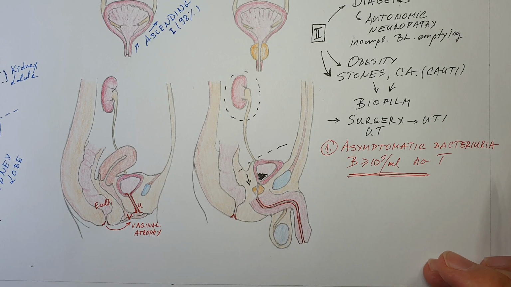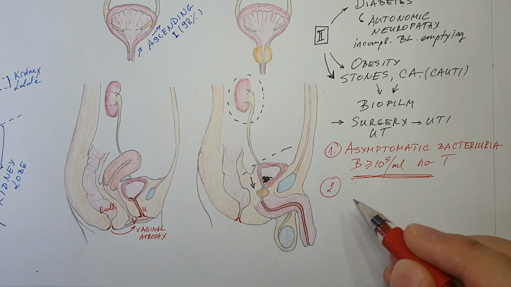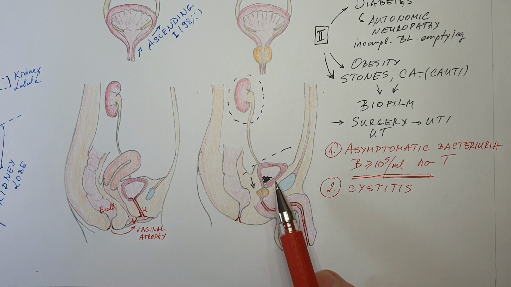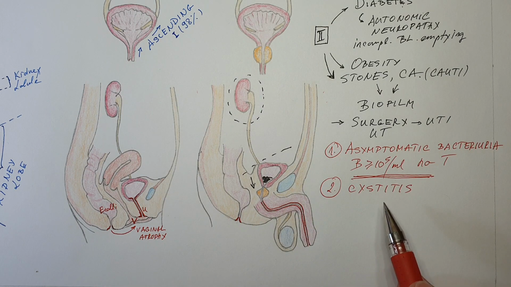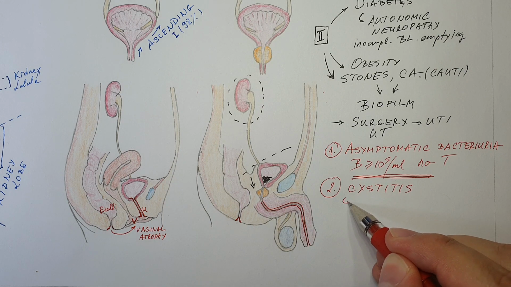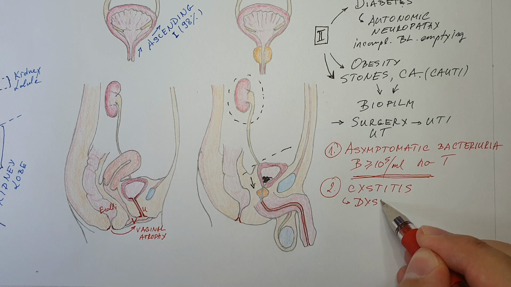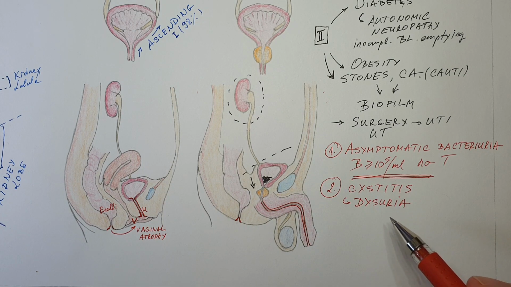The second group of patients are patients that are developing cystitis, the infection in the bladder, or urethritis, the infection in the urethra. Cystitis will present with a common symptom, and the common symptom is dysuria. Dysuria is when you have pain when urinating.